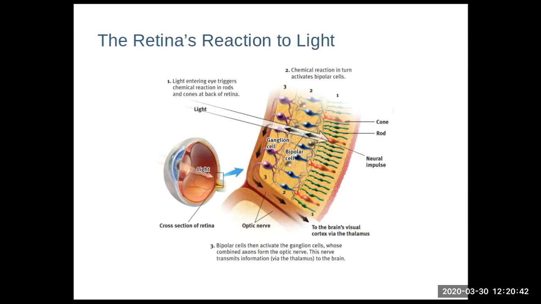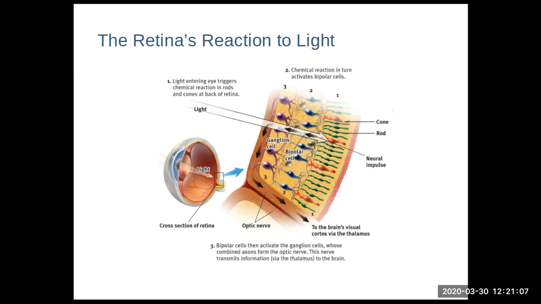So before we get into that, just know that when light hits the back of the eye in those rods and cones, the first layer of cells, in response to light, the cells give off a chemical. And now, as we talked about in chapter 2, the chemical is picked up by the next cell.